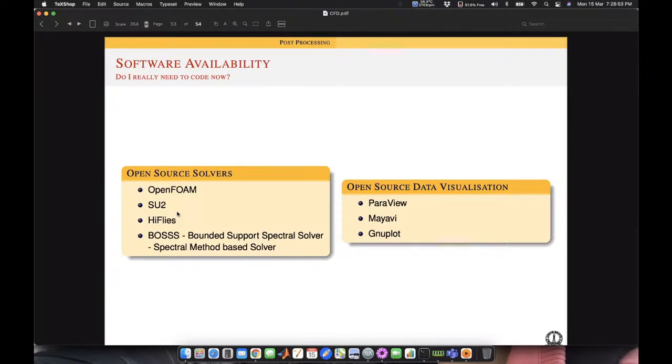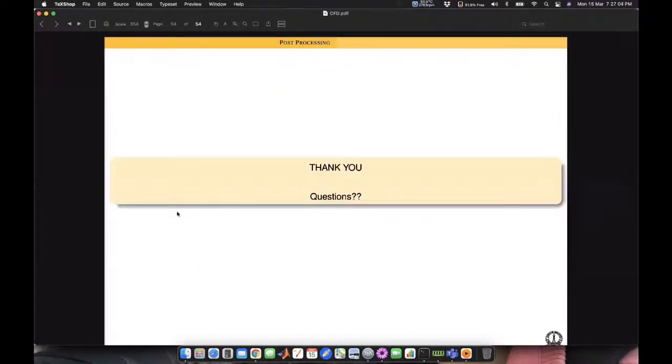So now it's up to the user community to decide what to solve and how to go about it. I think I'm done here. To wind up the lecture, we have seen what kind of flow features we have.